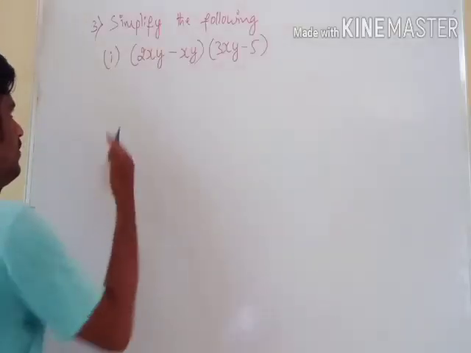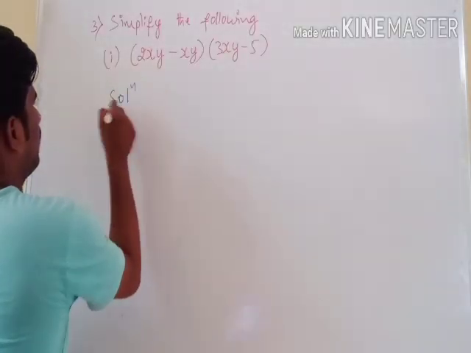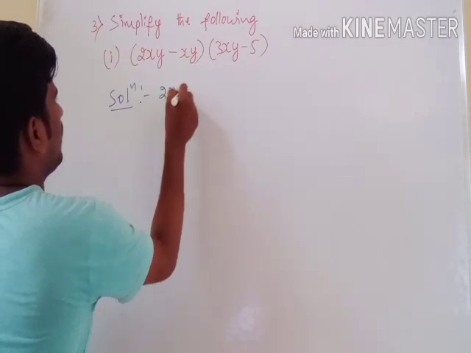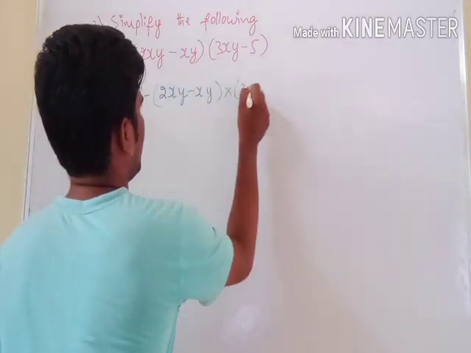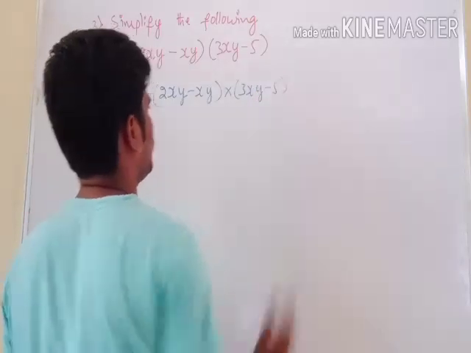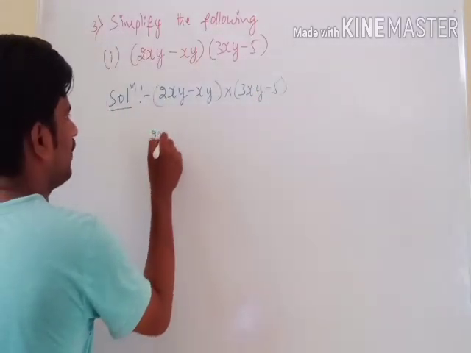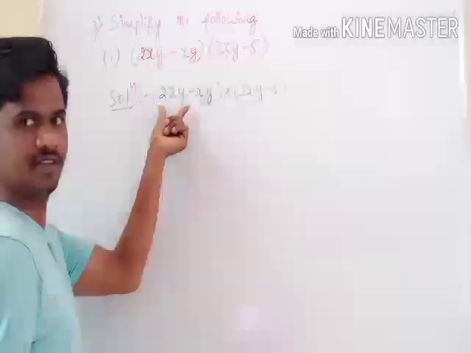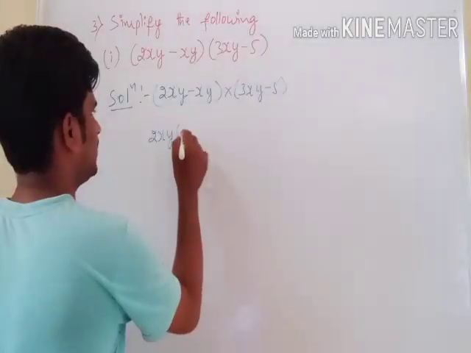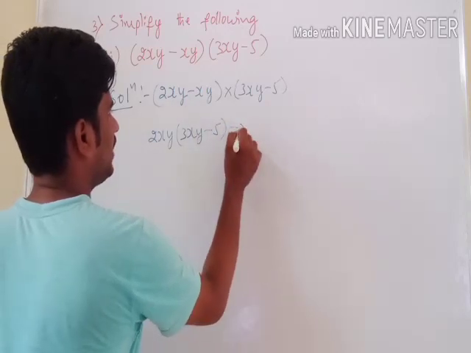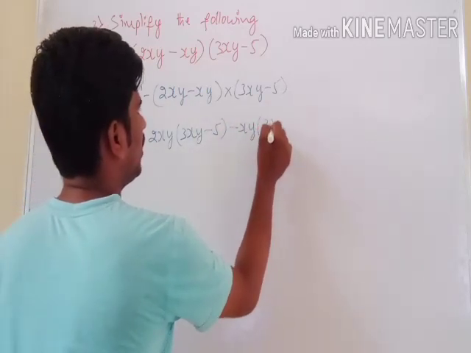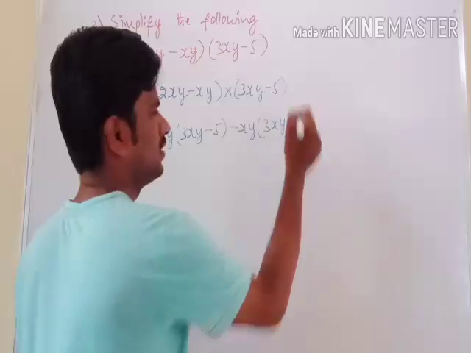So write that one, 2xy minus xy into 3xy minus 5. So we can write 2xy into, see, first this term into the product of these, 3xy minus 5. Next, minus xy into 3xy minus 5.